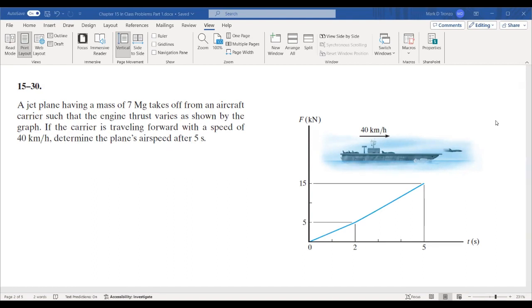Now, one thing to note in this problem is that the jet plane is moving with the carrier until it takes off. So prior to takeoff, it's moving the same speed as the carrier. So keep that in mind. Again, this time we're given a graph that shows the force in kilonewtons over time. According to this, that represents the engine thrust of the plane.